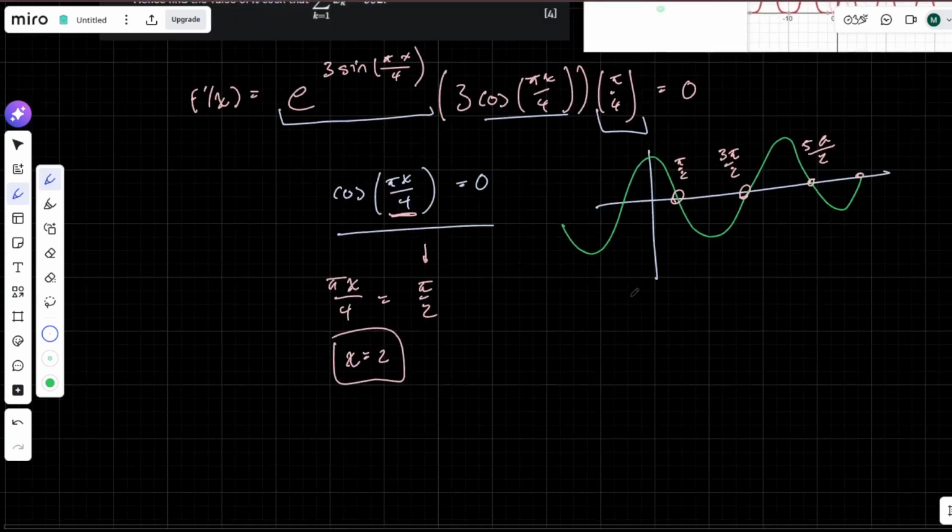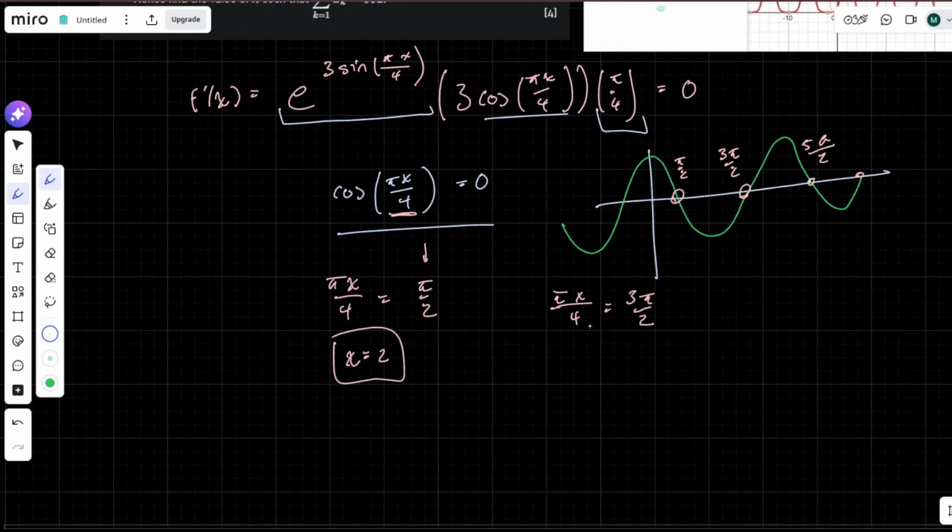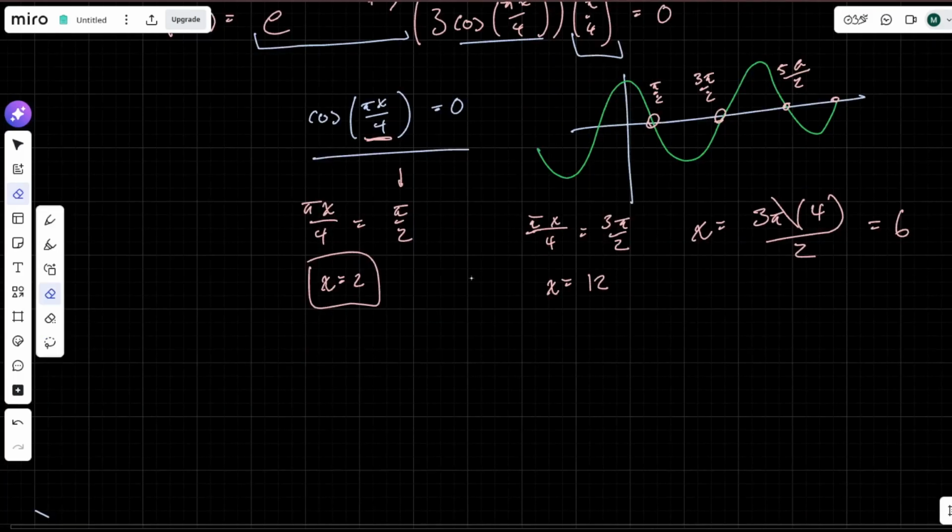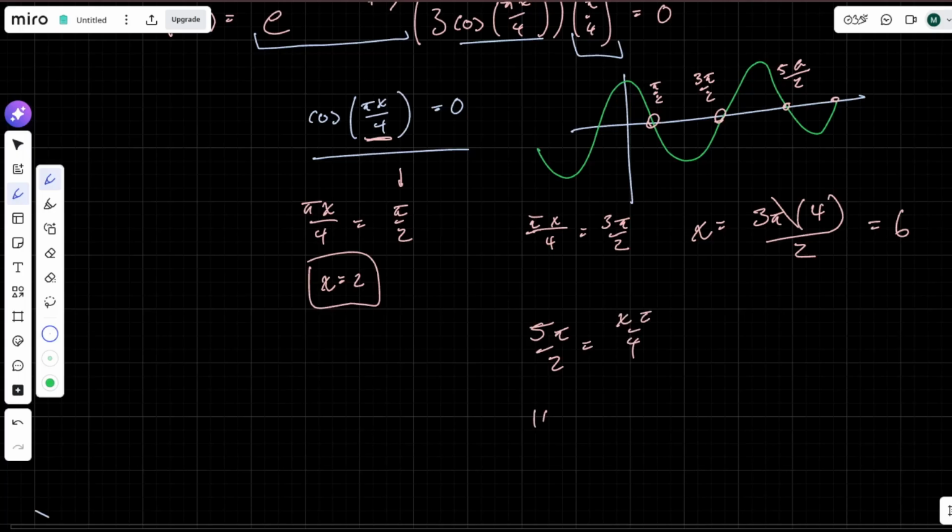If we continue to look for the next value, multiply everything out by 4, and we're going to get x is 6, and then our next value would be 5 pi over 2. That's going to be equal to 10 pi, so x is 10, and you can see our alternating values are going up by 8.